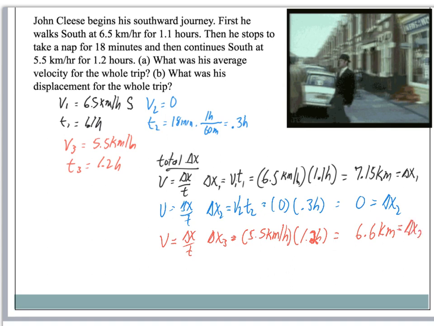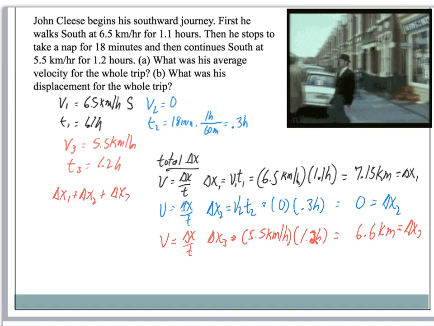So how are we going to find our total displacement? Well, we're going to add them all up. Our total displacement is going to be the change in position for 1, plus the change in position for 2, plus the change in position for 3.